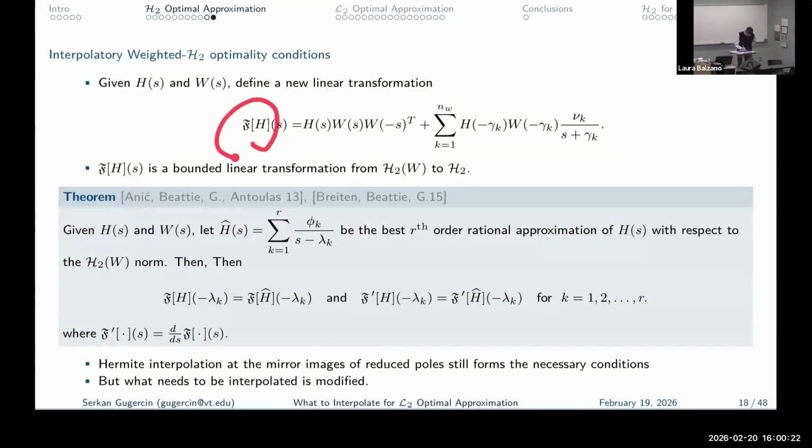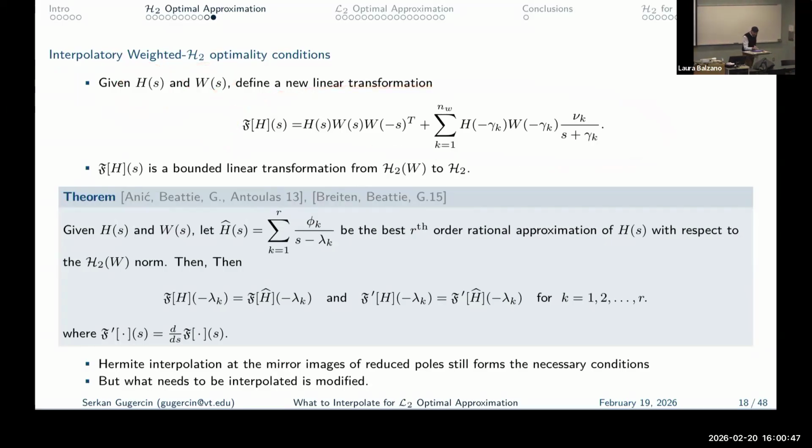These things are going to keep popping up. This H-frac, I'm going to keep defining this H-frac. H-frac is the modified output. H is the original function. H-frac is the modified function. Given the original transfer function and the weight, I define this modified function H-frac.